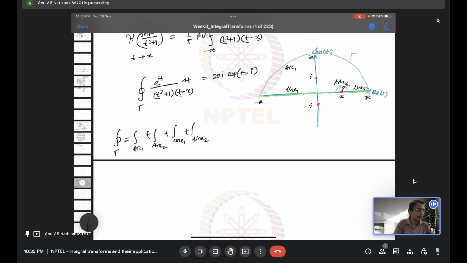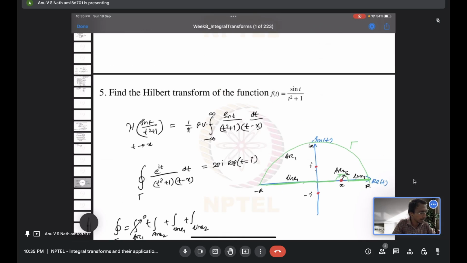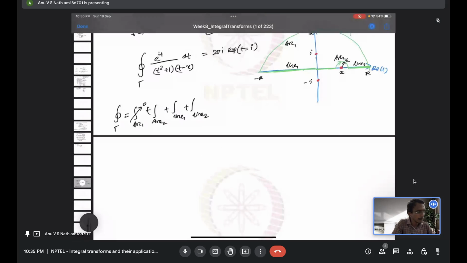You can show that the integral over arc 1, in the limit of capital R tending to infinity, is going to vanish, and the integral over arc 2 also you will find gives some finite contribution, and the integral over line 1 plus line 2 together become basically the Cauchy principal value integral. Then this residue also you can evaluate.